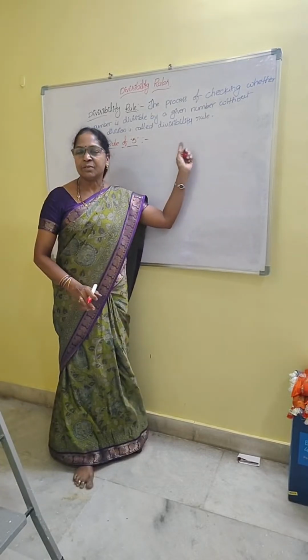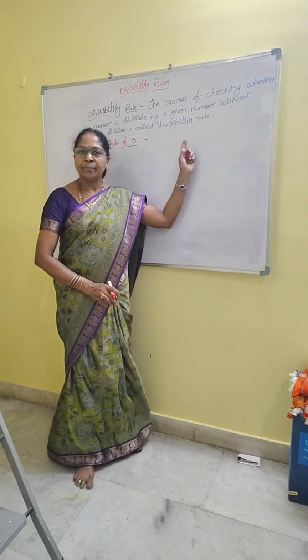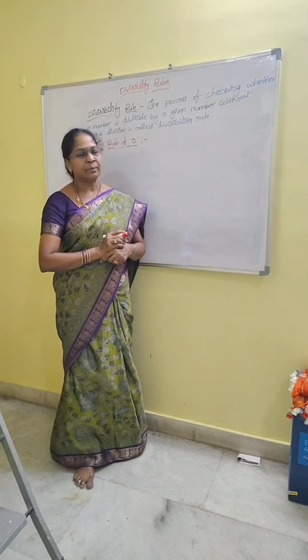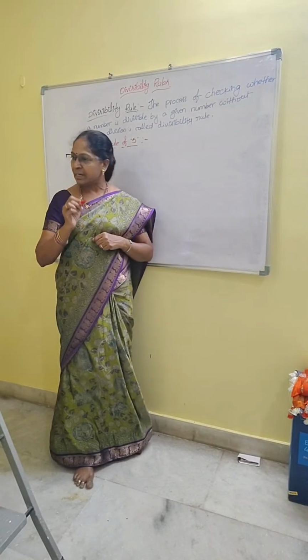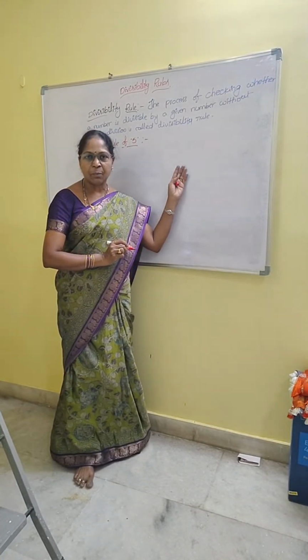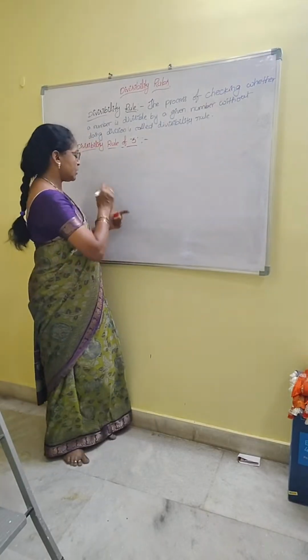A number is divisible by 5 when the unit digit place of the number is either 0 or 5. If the unit digit place of the number is either 0 or 5, then only the given number is divisible by 5. That is the divisibility rule of 5.